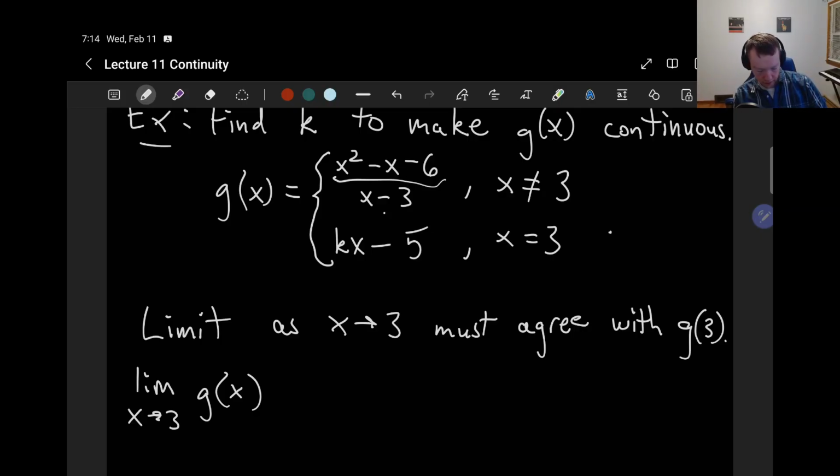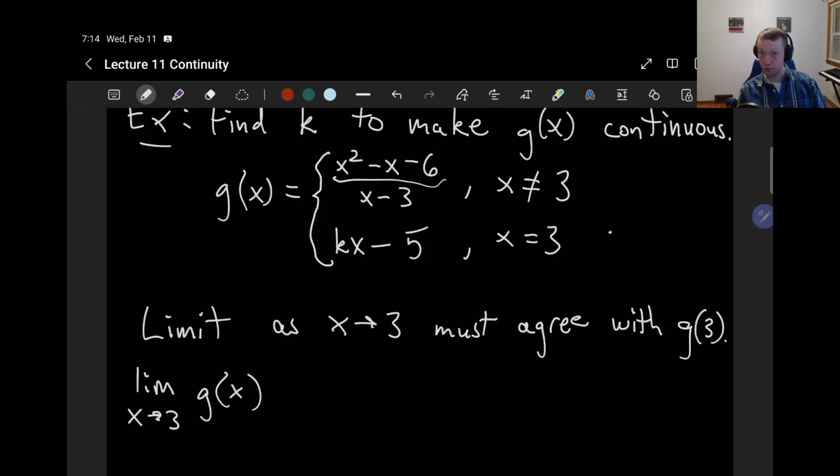So which of these two expressions will we use for that? Well, it boils down to the fact that our function looks like this rational function, almost everywhere, except when x is 3. So when x is 2.99999, we would plug that x value into this.